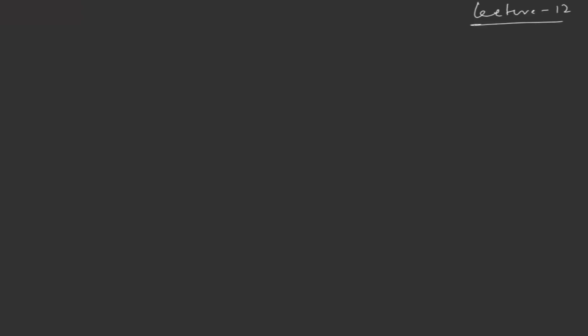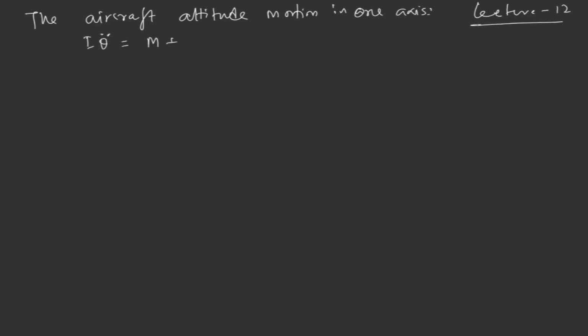Let's go back to our previous lecture. The equation we had, the aircraft attitude motion in one axis, we had I theta double dot equal to M plus M disturbance, or we can write Md.